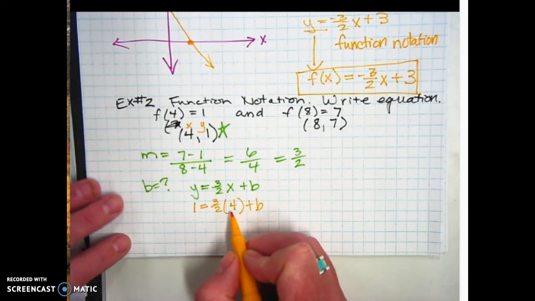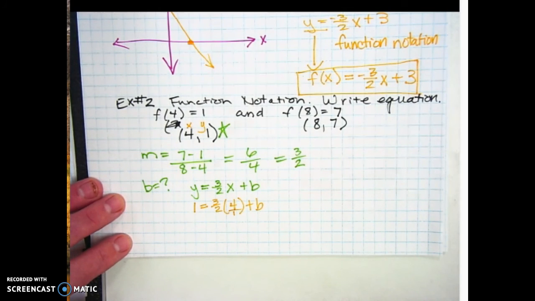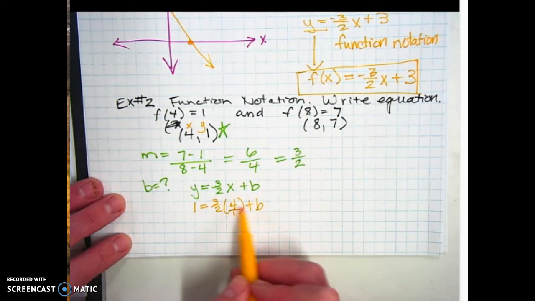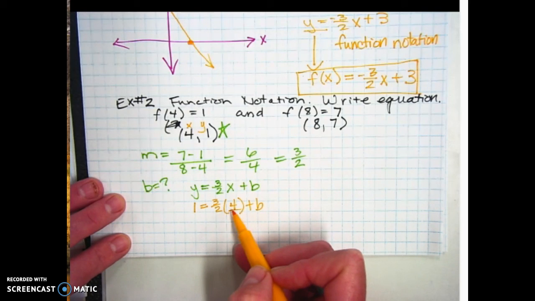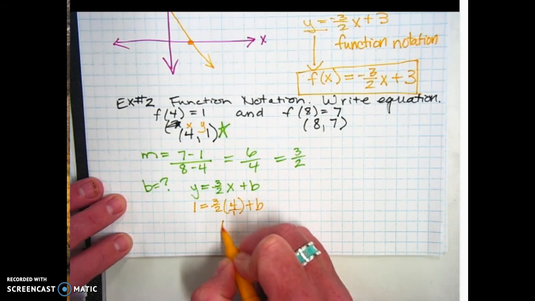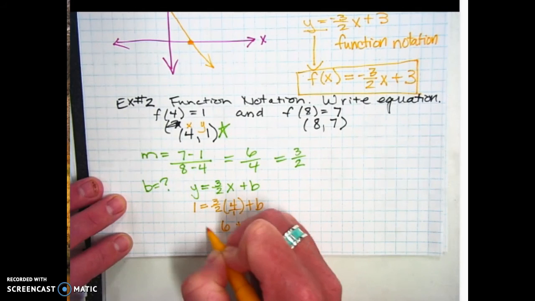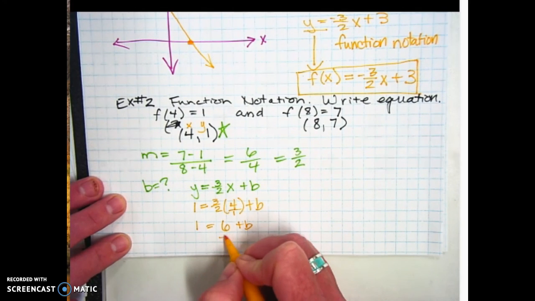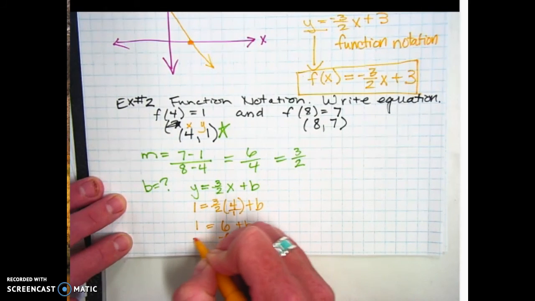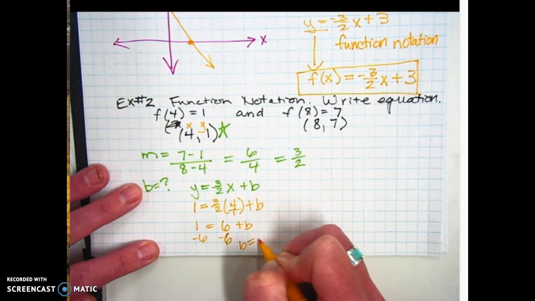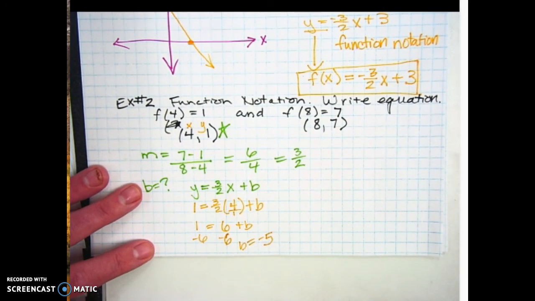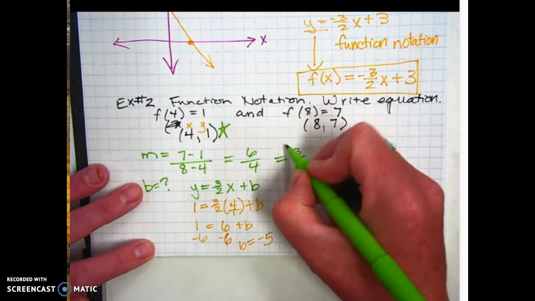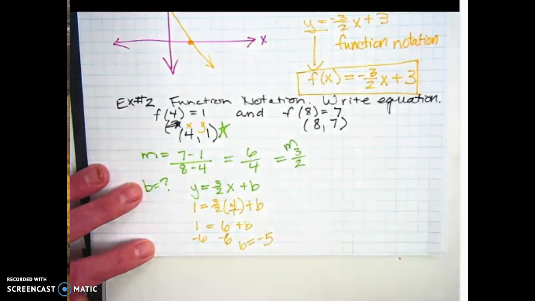That's going to get us a new b. Okay? If it helps, change this 4 to a fraction. But you basically just want to multiply the 3 times 4 and divide by 2. I get 6 plus b equals 1. So when we subtract 6, I got b equals negative 5. So down here we have a b of negative 5. Up here we got an m of 3 halves.